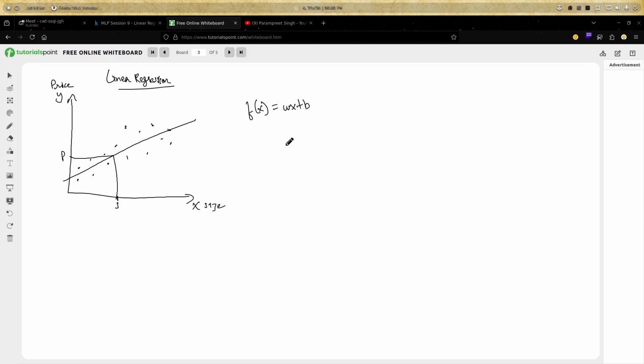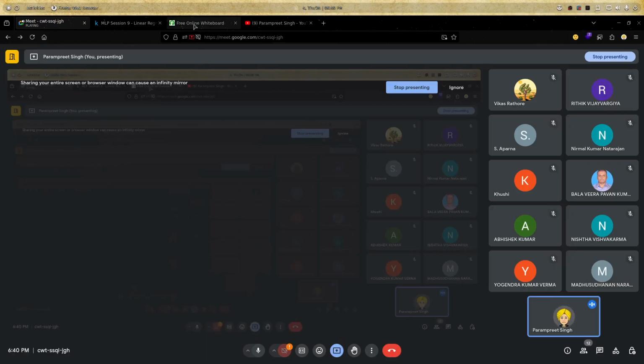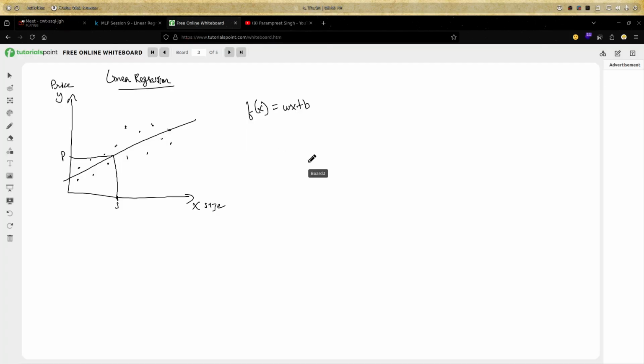Okay, let me write. Now it is similar to the formula for a linear equation in one variable, which in high school, when we start with equations, we start with. This is the formula for that, mx plus b.